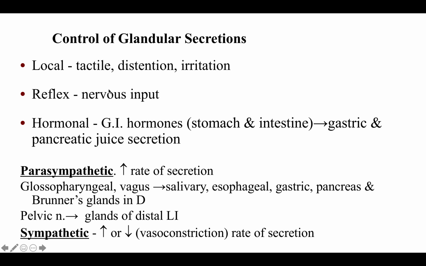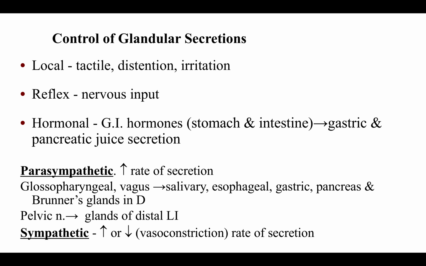Also, nervous stimulation would control their function. Also, hormonal mechanisms are very important in controlling the gastric secretions. Or not only the gastric, any glands within the gastrointestinal tract are actually regulated by gastrointestinal hormones, mainly by the stomach and intestine.